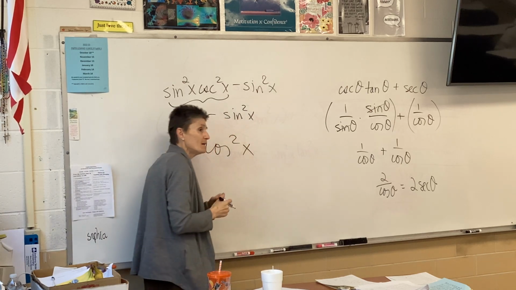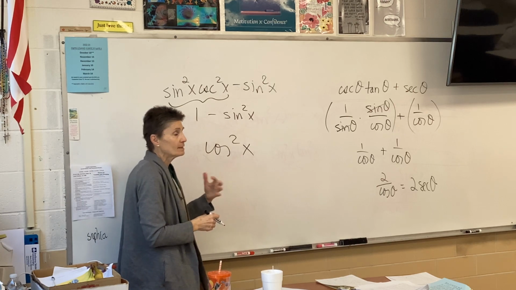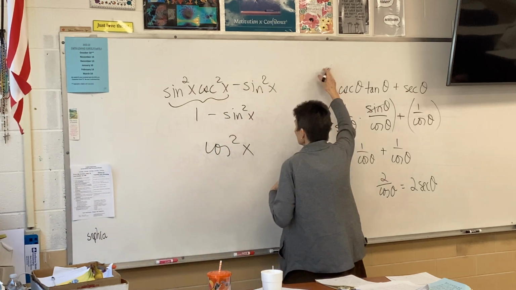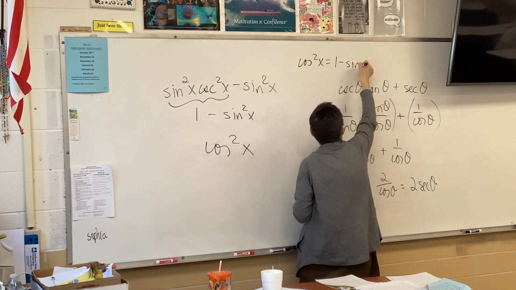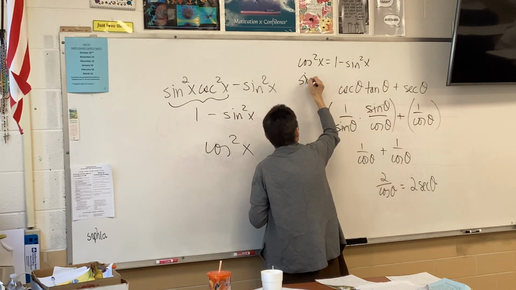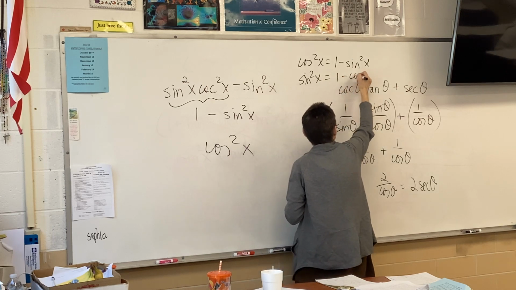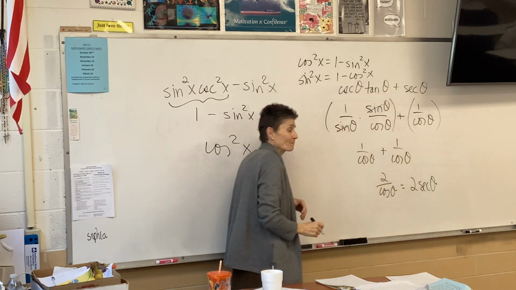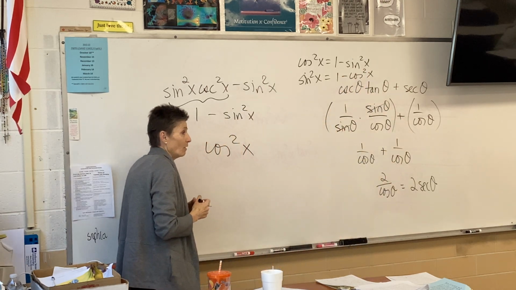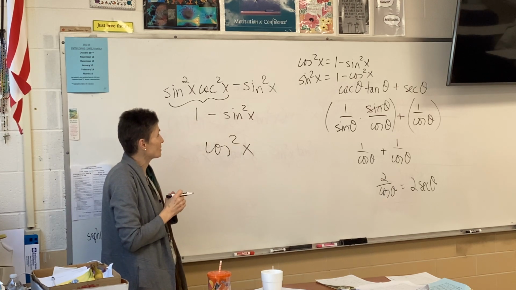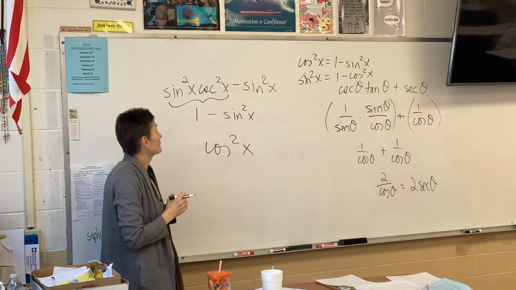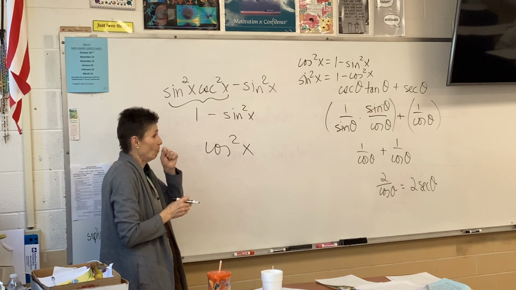Awesome, Olivia. She was listening when we said up here that cosine squared is 1 minus sine squared, and sine squared is 1 minus cosine squared. Always, always, because of that fundamental identity that says sine squared plus cosine squared is 1.